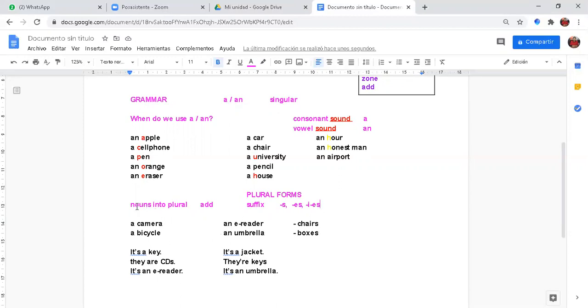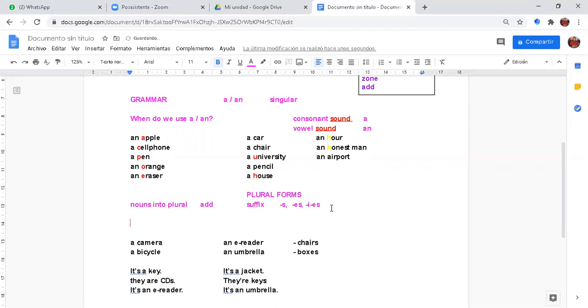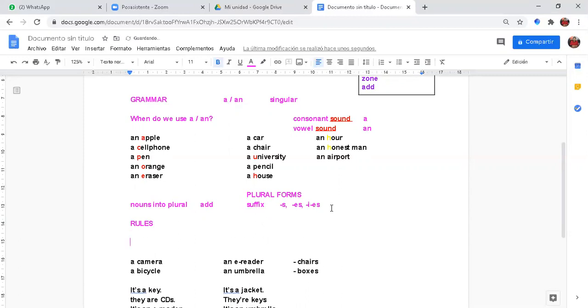Nouns into plural, add suffix s, es, ies. I will tell you the rules to add s, es, ies. So, rule 1.